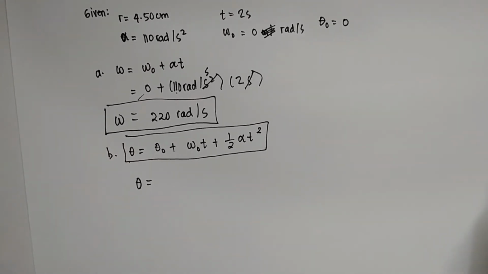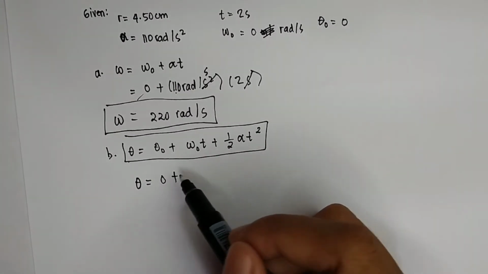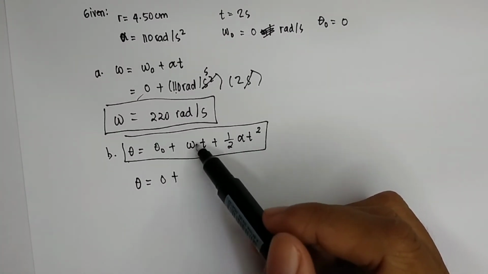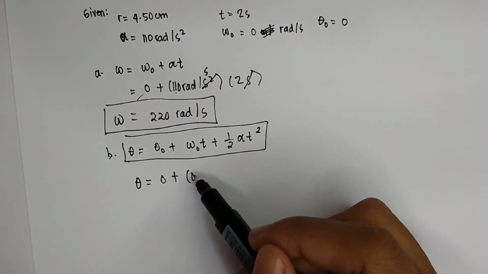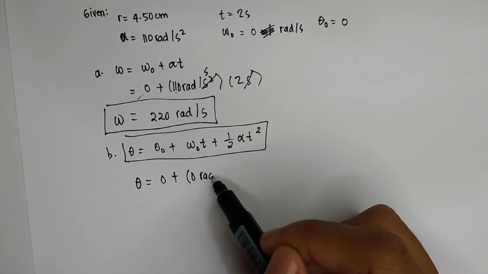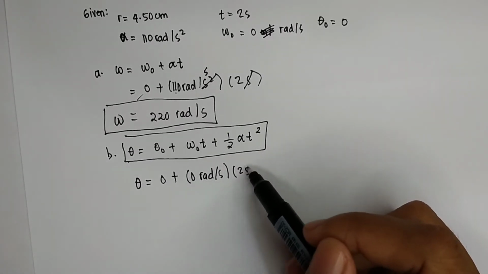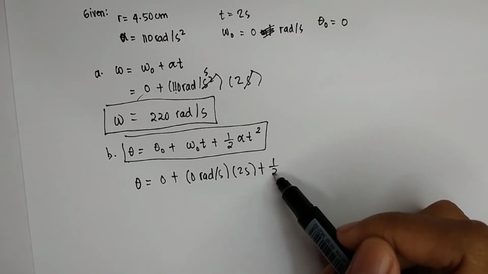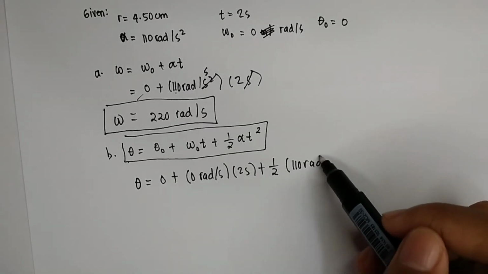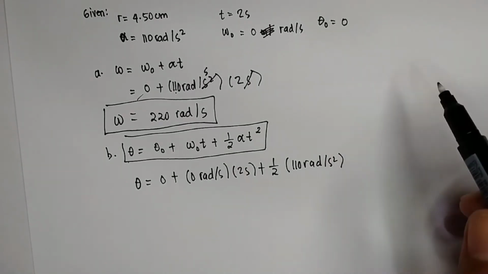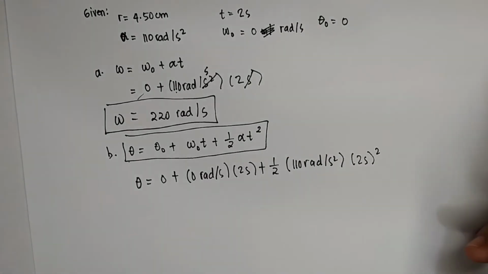So we substitute our givens. Theta is 0, plus our initial angular velocity, that is 0 rad per second, times our time of 2 seconds, plus 1 half our angular acceleration, that is 110 rad per second squared, times our time, 2 seconds, quantity squared.